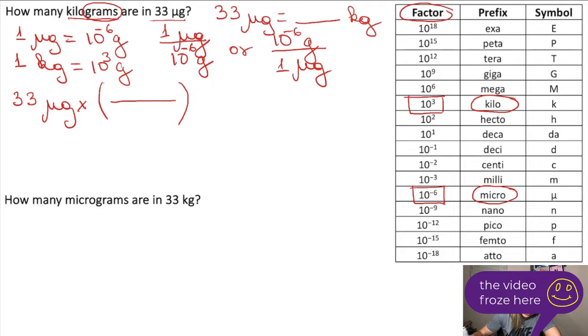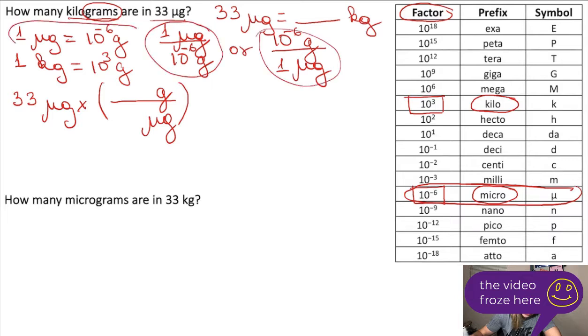On the bottom, right? Into the denominator, and the grams go on top. Now I can just simply look at my conversion factors that I wrote out and plug in the numbers. So 1 microgram is 10 to the negative 6 grams.